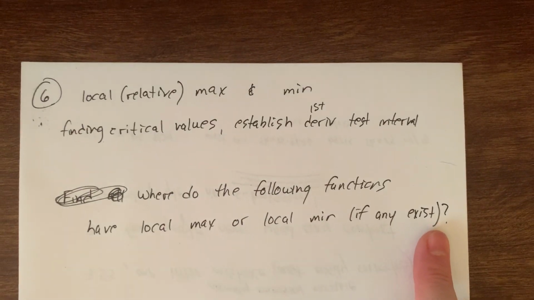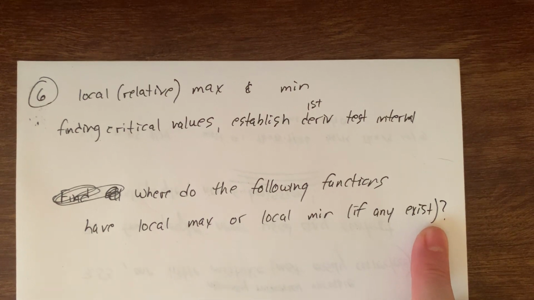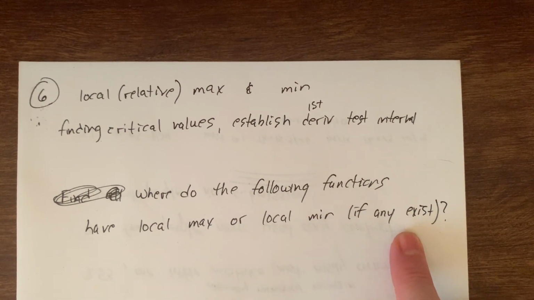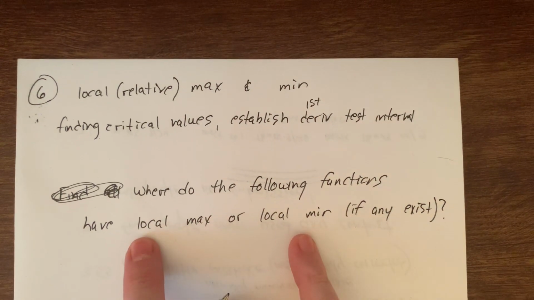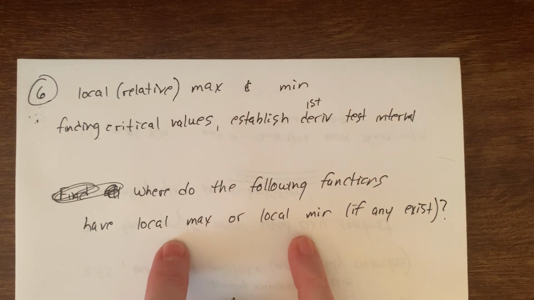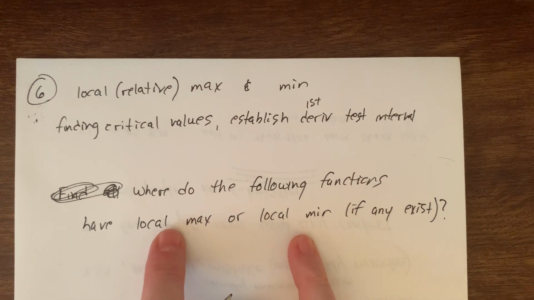Just like when we did the absolute max min problems, that possibility that we may not have one is certainly something we have to consider. And instead of just saying finding local max or local mins, I might also say find the local extremes. That would satisfy all.